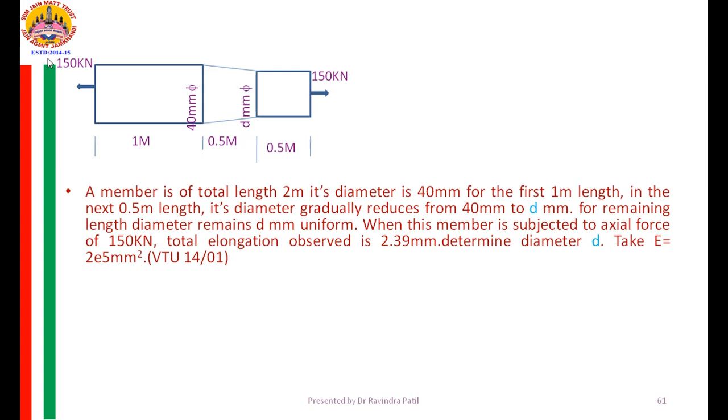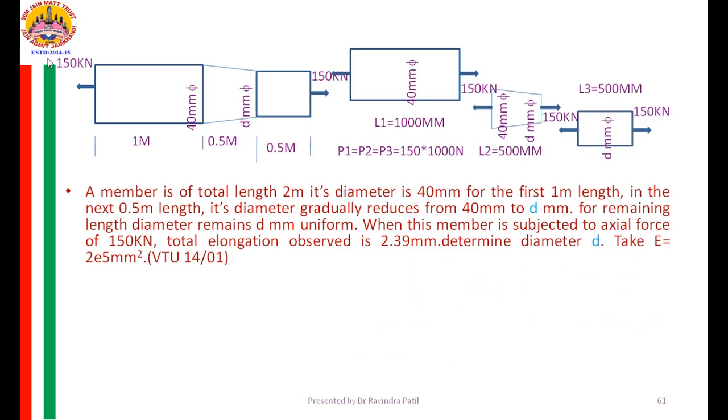So you draw the free body diagram of these bars independently for whatever length the area is constant. The first part has a uniform diameter of 40 mm.